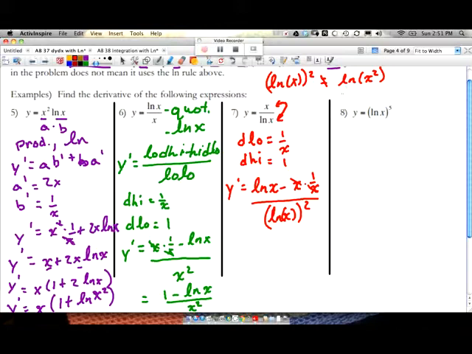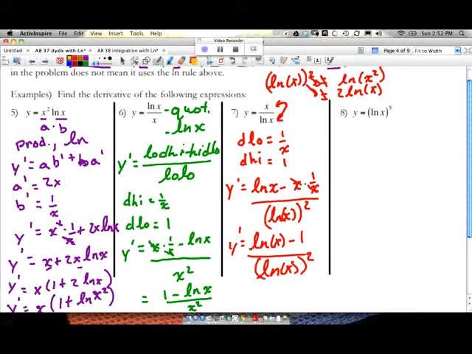They're not the same, which also means that it's not equal to 2 natural log of x. Neither of these, this doesn't connect to either of those. Even though these two on the right here are the same, neither of them would connect to the log of x version on the left. Okay, so simplified all the way, natural log of x minus 1 over natural log of x, all of that squared, and y prime. Done.